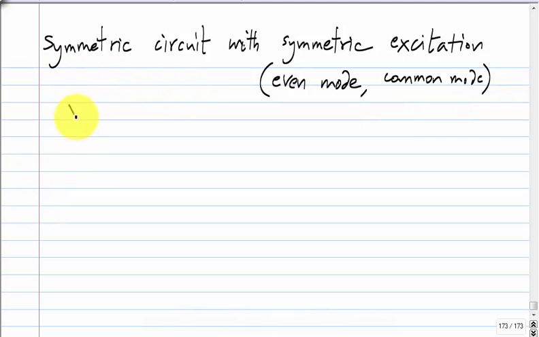Then you have the same circuit solution in the two halves.